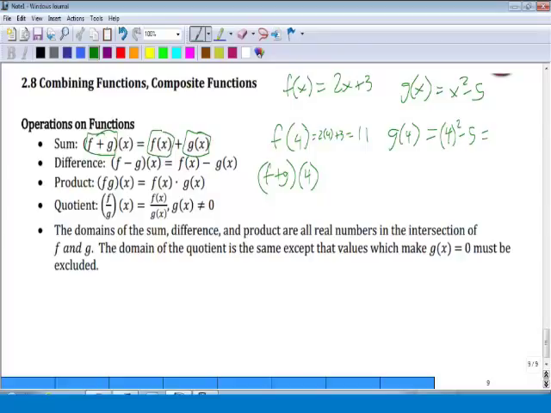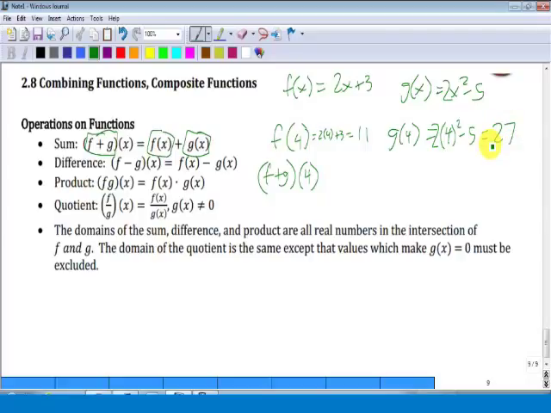How do I fix this? I hate when that happens. How about 2x squared minus 5? There we go. So it's going to be 4 squared is 16, 16 times 2 is 32, and 32 minus 5 is 27.